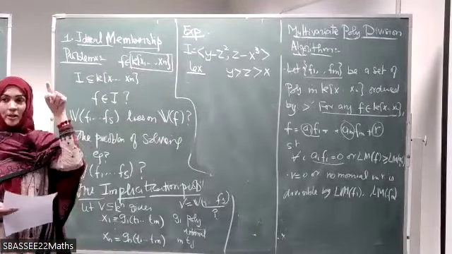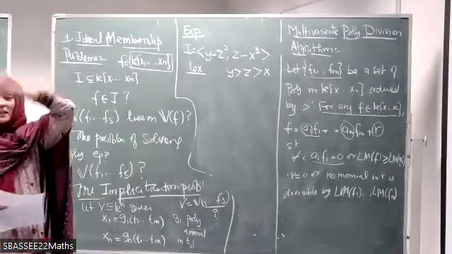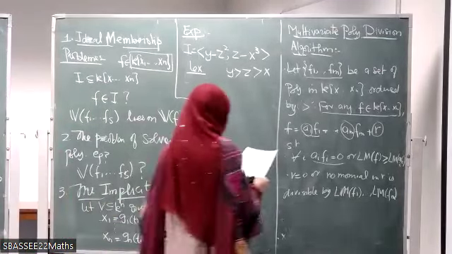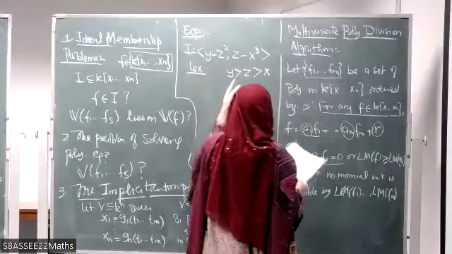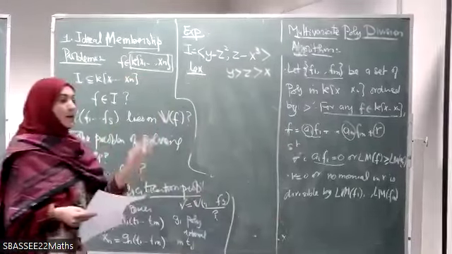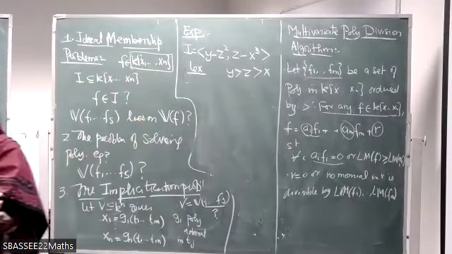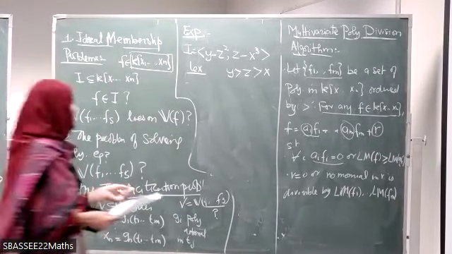I mean, the first coordinate corresponds to y, the second to z, and the third to x. So the question is, is this given generating set a Grobner basis or not? What you need to do is calculate this CZG pair, and what is that one?